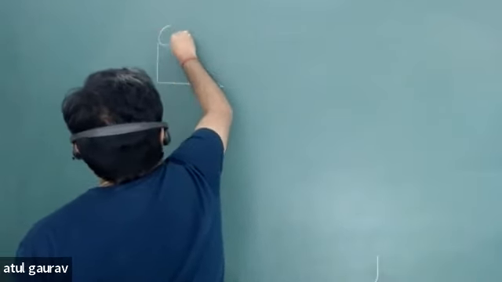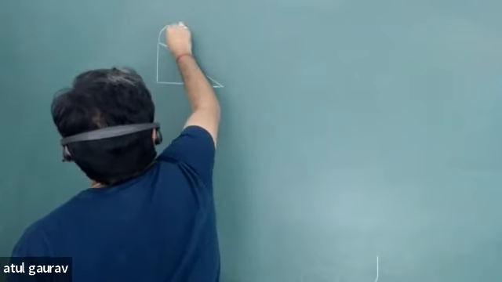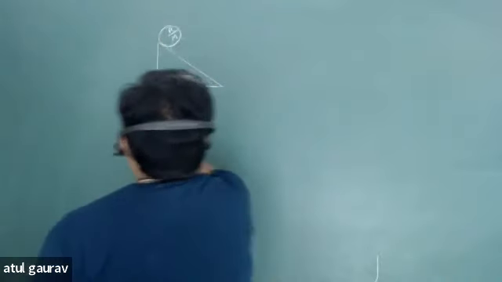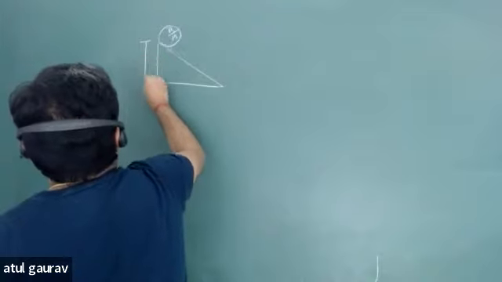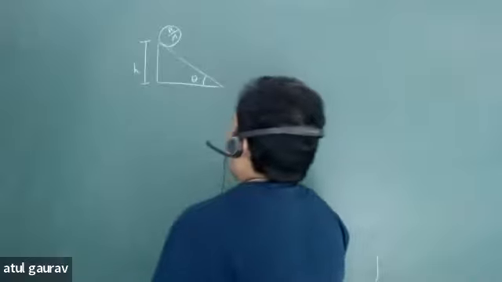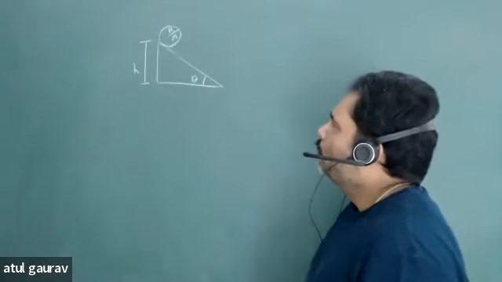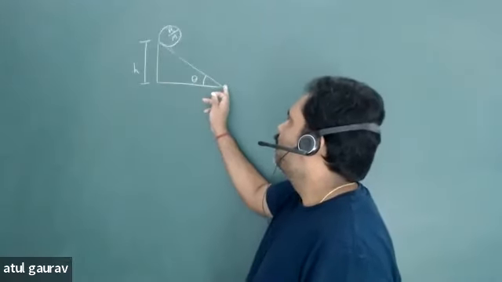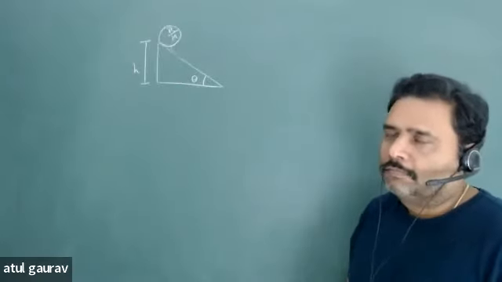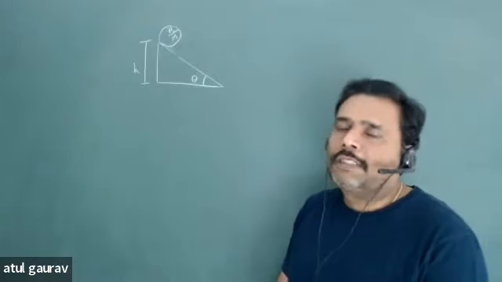So you can just assume there is a sphere. A sphere has mass m, radius r, and this distance is h. You can assume this angle is theta. Now the question is, what will be the velocity of the sphere when it reaches the bottom of this particular wedge, if this sphere is executing rolling without slipping.